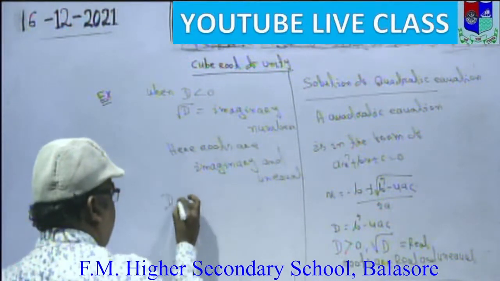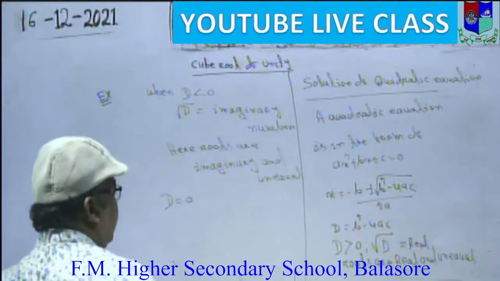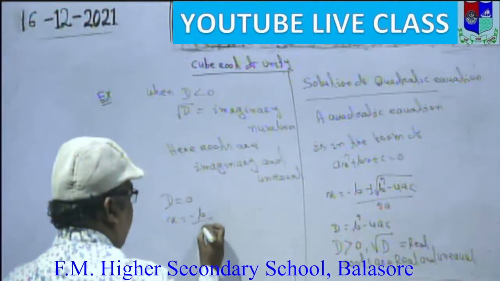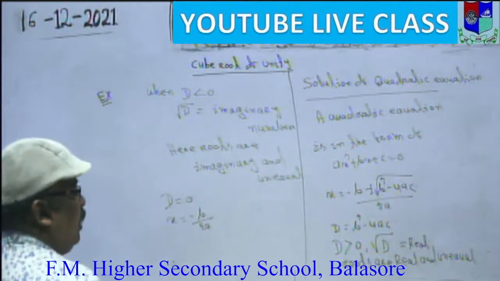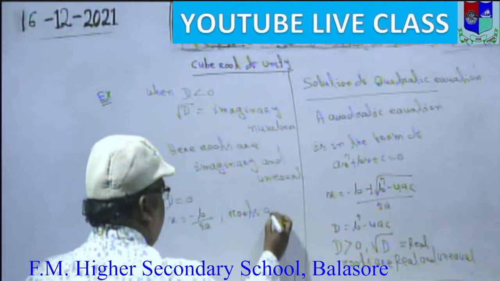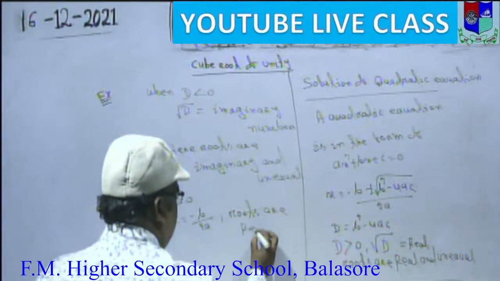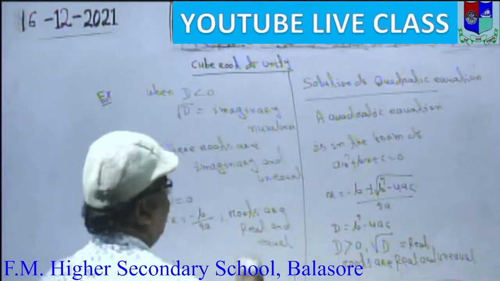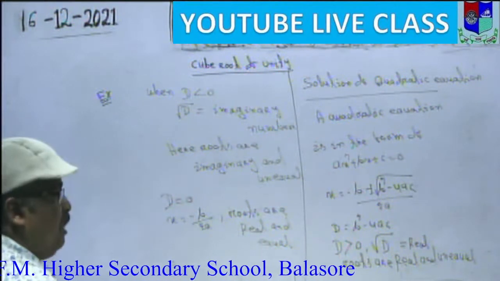If D equal to 0, then x is minus b by 2a. Here the two roots are equal. The roots are real and equal.